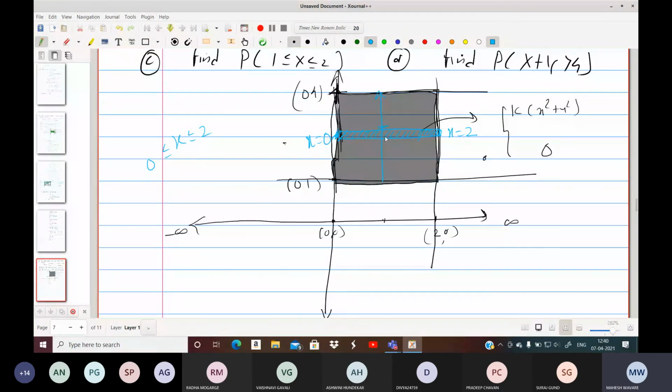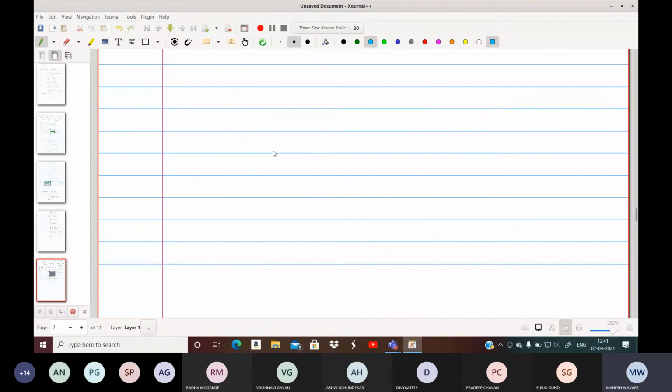And throughout this region, the strip will move from y equal to 1. Here the value of y is 1, then 2 here, and 4. So these are the limits. Elsewhere it is 0. So the double integration from minus infinity to infinity, minus infinity to infinity, of f(x, y) dx dy is 1.